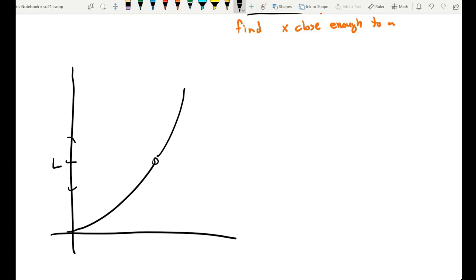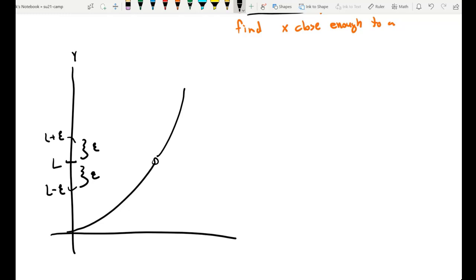We want f of x to be within some distance of the limit, and that distance is going to be epsilon. So epsilon denotes a distance on the y-axis, a distance away from the limit. If you start with the limit and add epsilon, you end up with the upper endpoint, and if you subtract epsilon, you end up with the lower endpoint.